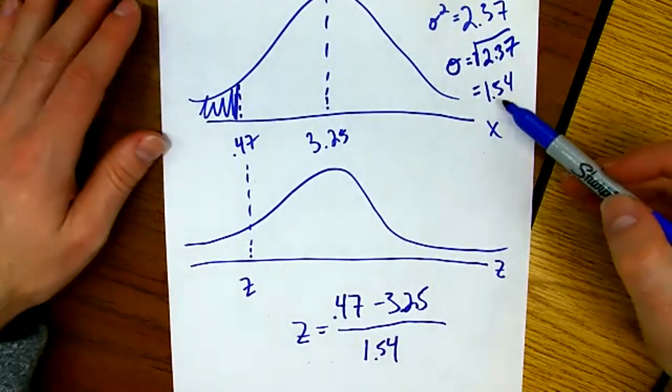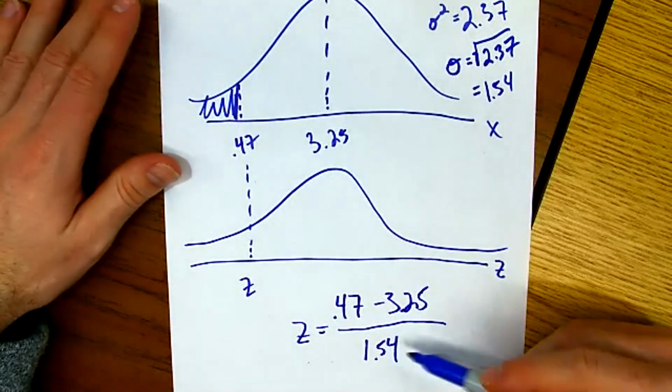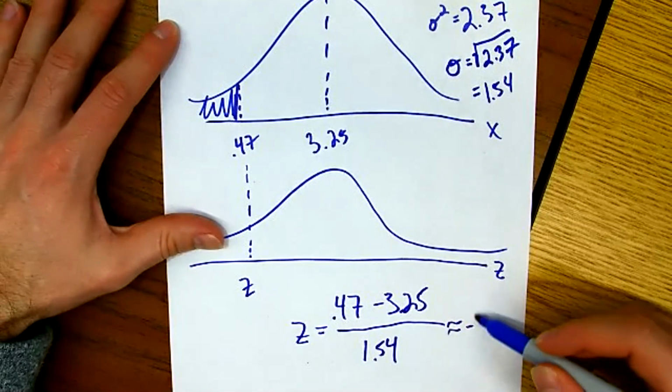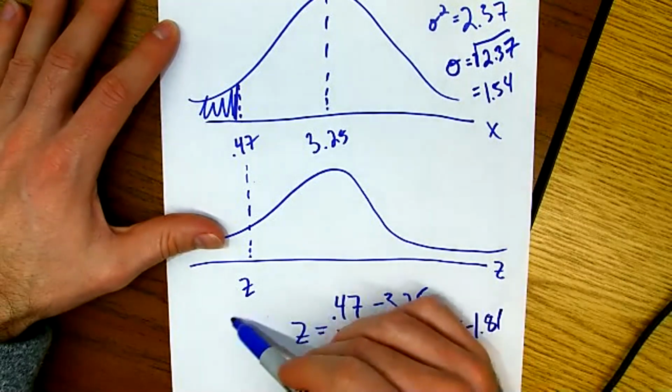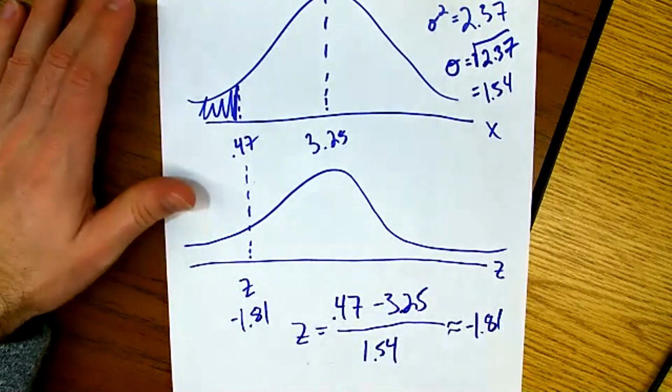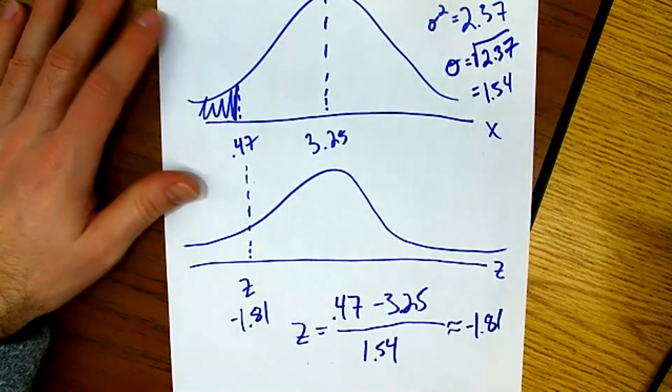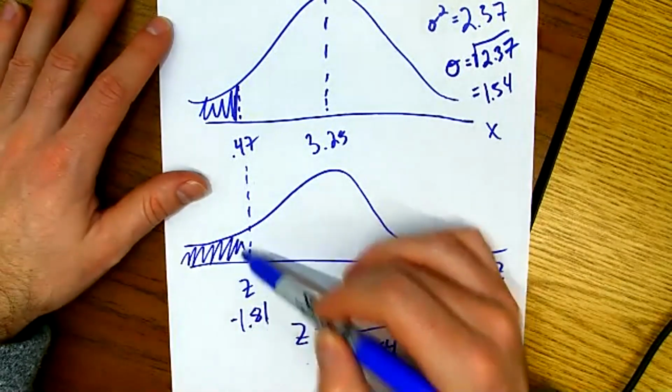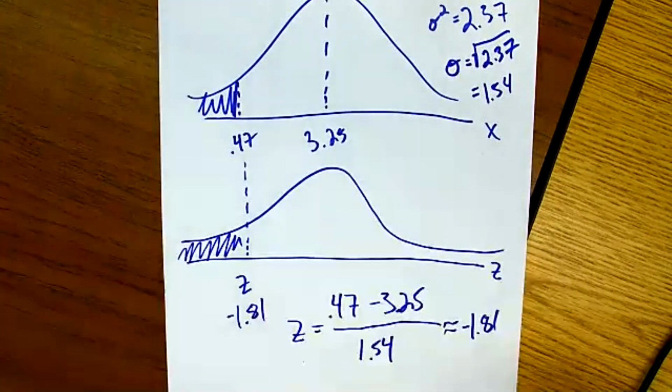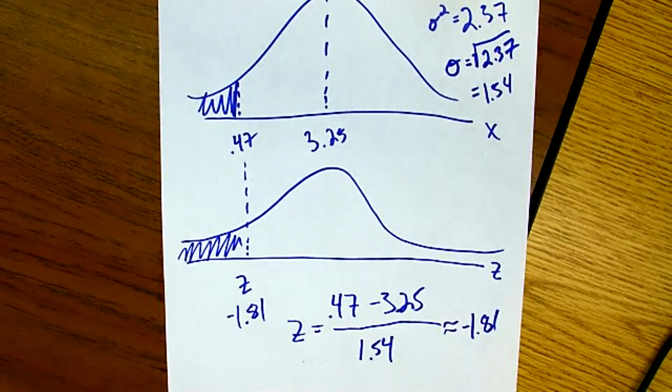Calculating it ahead of time made it a little bit easier when I was plugging things in here. And I think if we do this one, we get -1.81. So I could then look that -1.81 value up on the table. The table would tell me the area to the left. That's what I wanted. I'd be done.